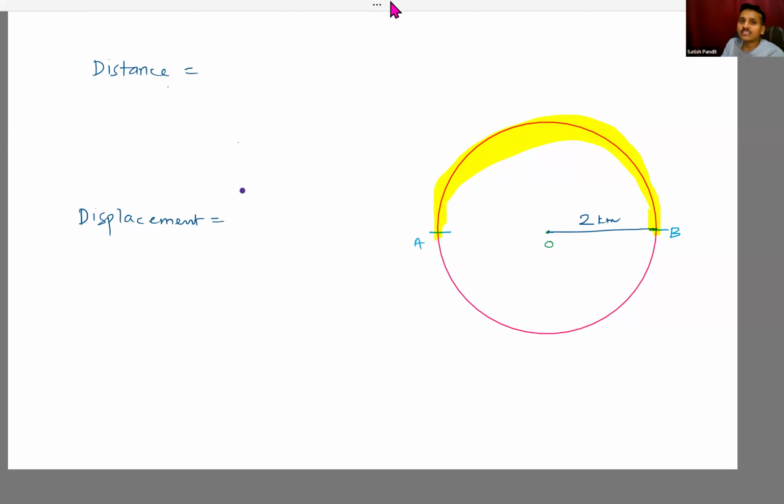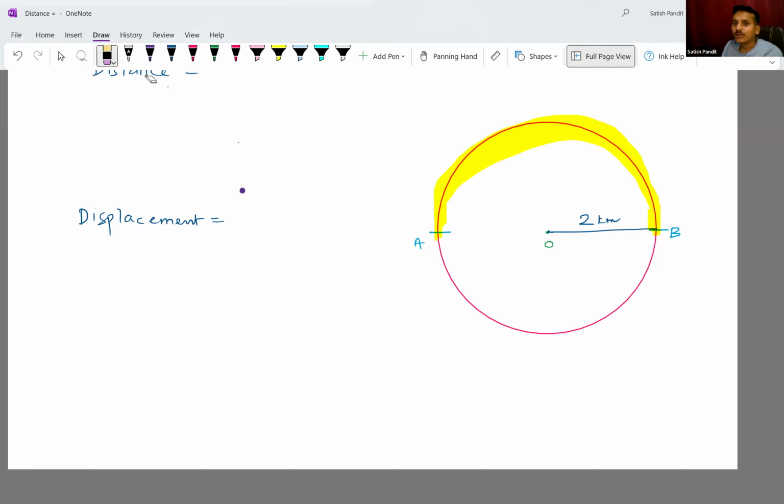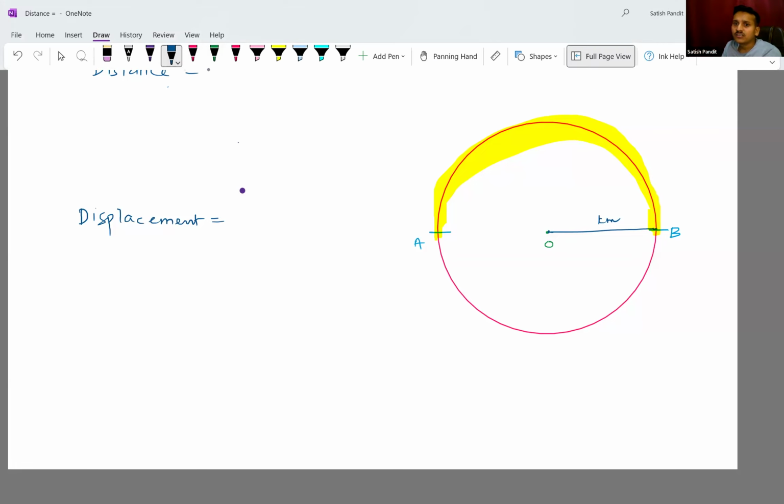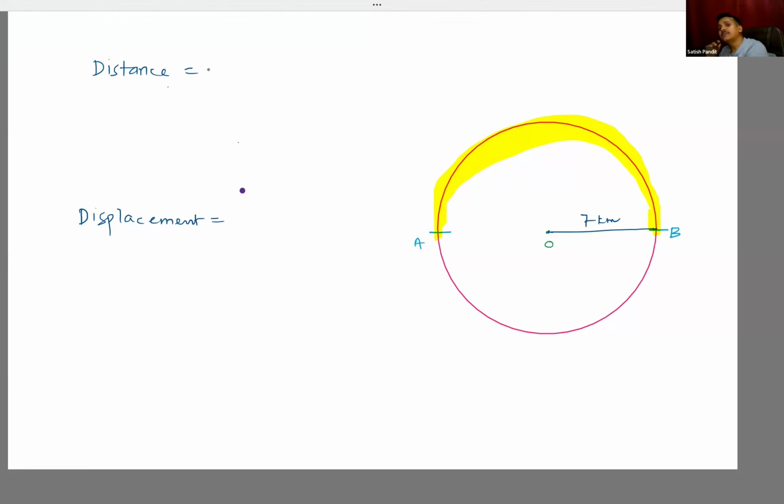Or better, I'll take it as 7 kilometers. Let this be 7 kilometers. It will be easy for you to do it. Let the radius of the ground be 7 kilometers.